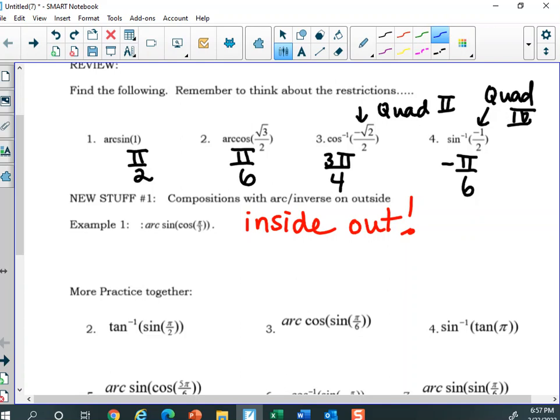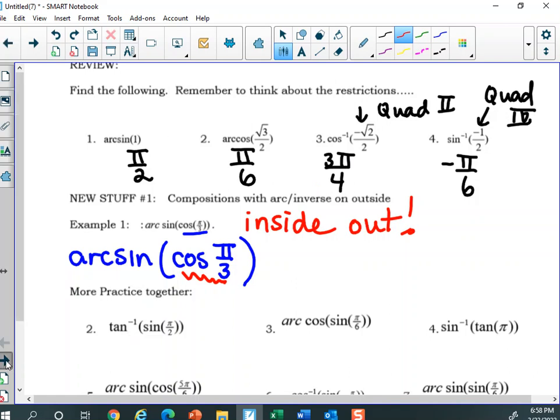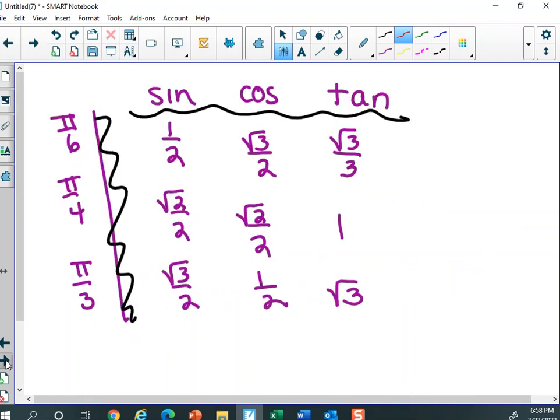But basically, I always call these Oreo problems because I think inside out is important. Go on the inside first. So the inside of this thing, I'm going to write this again. It's the arc sine of the cosine of pi over 3. So I've got to go to my unit circle and find the cosine at pi over 3, or my table.